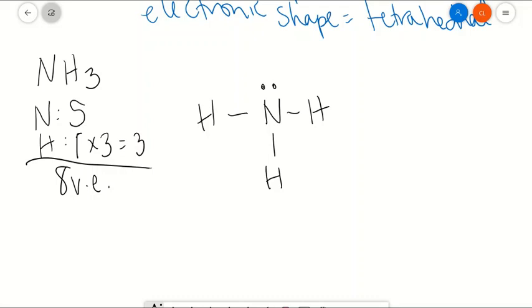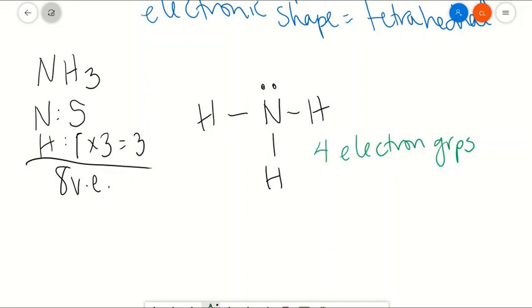All right, 2, 4, 6, 8. So each hydrogen is following the duet rule, nitrogen is following the octet rule. So now we want to count up the electron groups. We have 4 electron groups, meaning steric number 4, because those electron groups refer to the steric number.